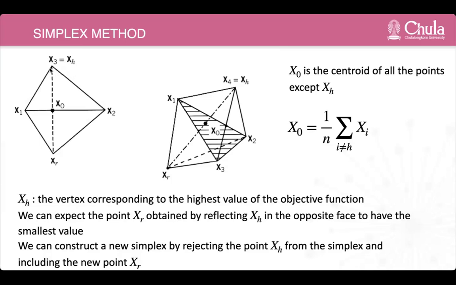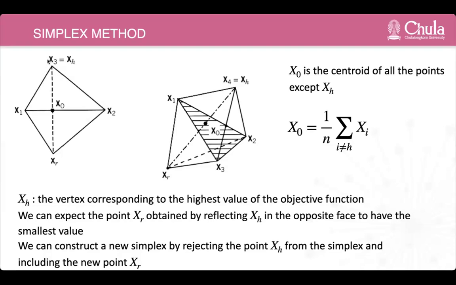If x3 is the worst point, you should not go that way, right? You should not go in the direction leading to x3, because x3 is the worst point.